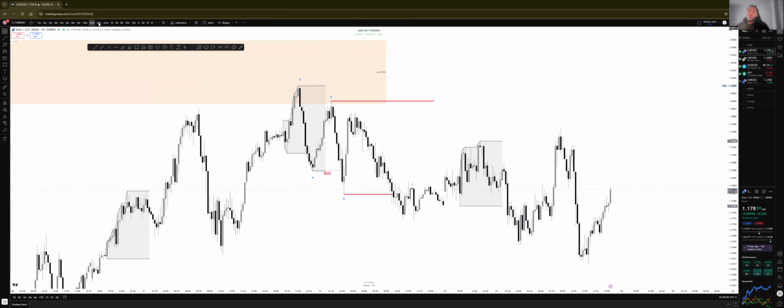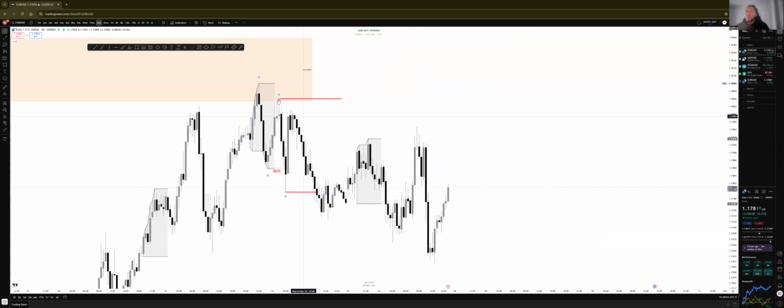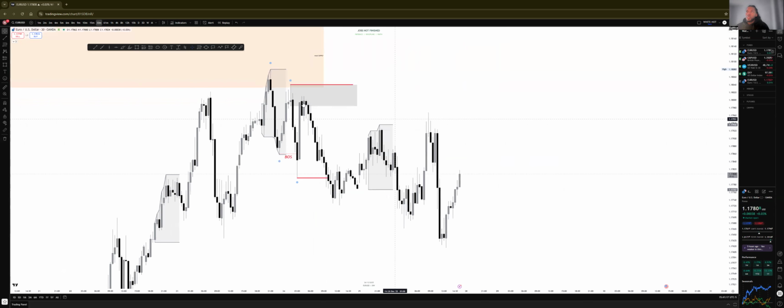But if we go on to 30 minutes, you're going to see it's a very clear bullish candle, and a bearish candle engulfs it, from wick to wick, and you move it to the right. And what did the market do? It came back into it and dumped, creating another break of structure. And that's how you identify your order block to enter a trade from.